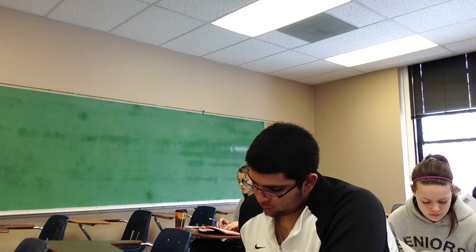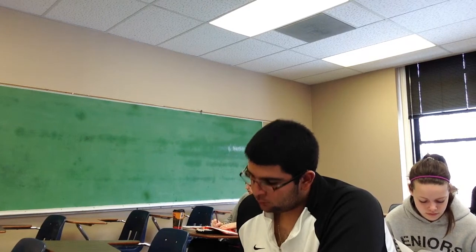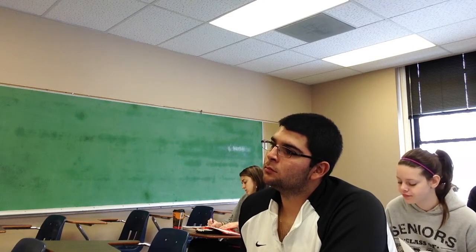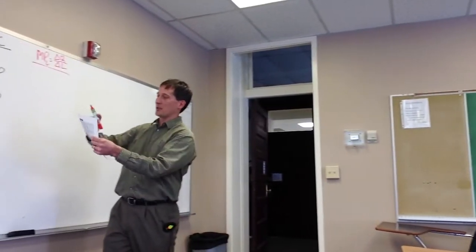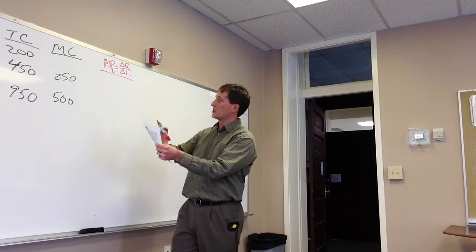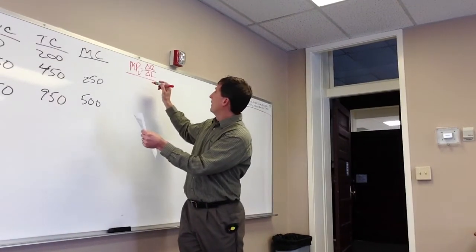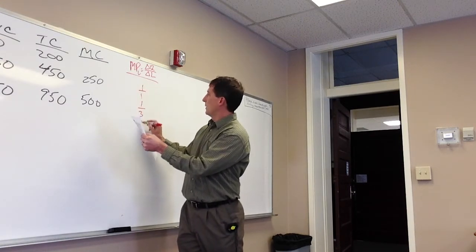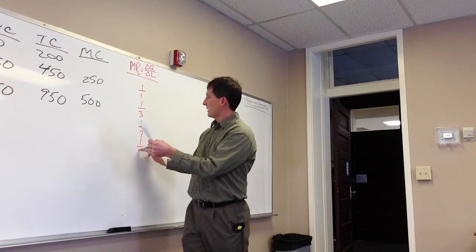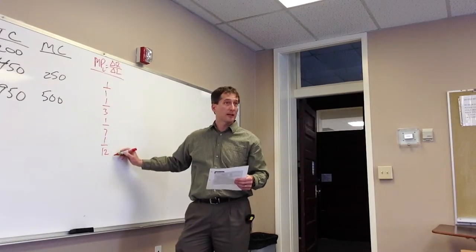Good. So if you calculate that out, marginal product is the change in quantity from a change in a unit of labor. And this one potentially could lead you to staying constant because you see quantity going up by an equal unit each time. But it's really, what do we got here? 1 divided by 1, 1 divided by 3, 1 divided by 7, 1 divided by 12, diminishing marginal product.